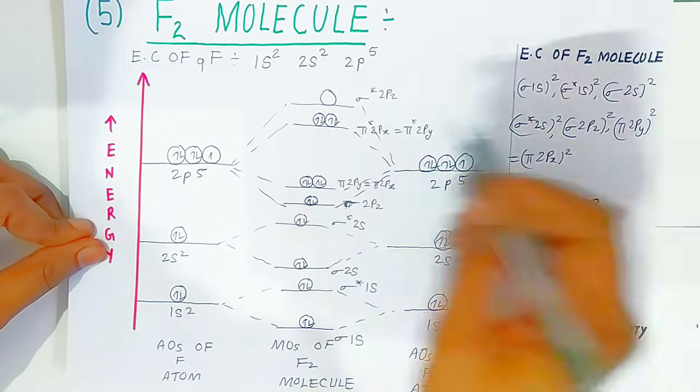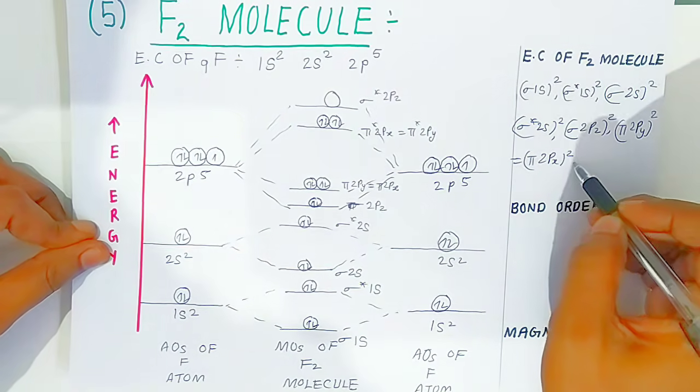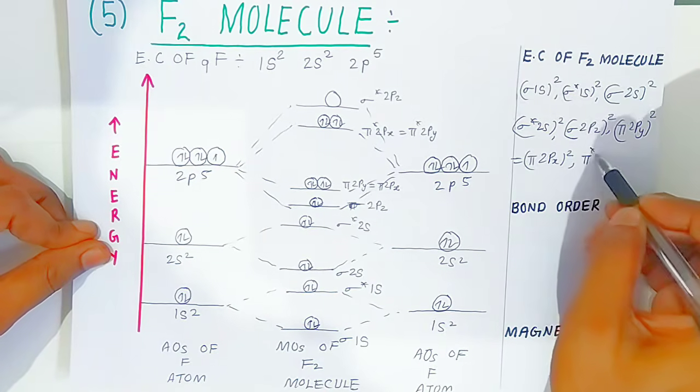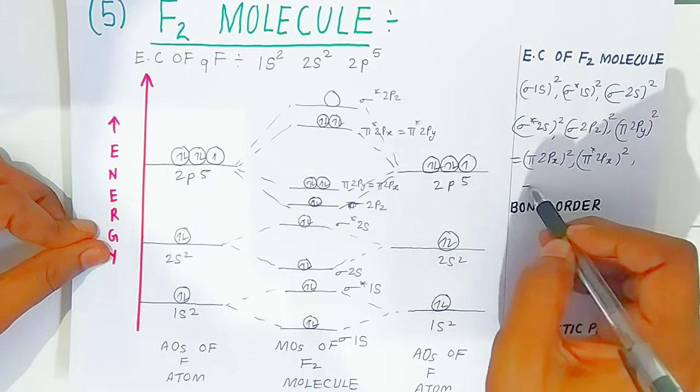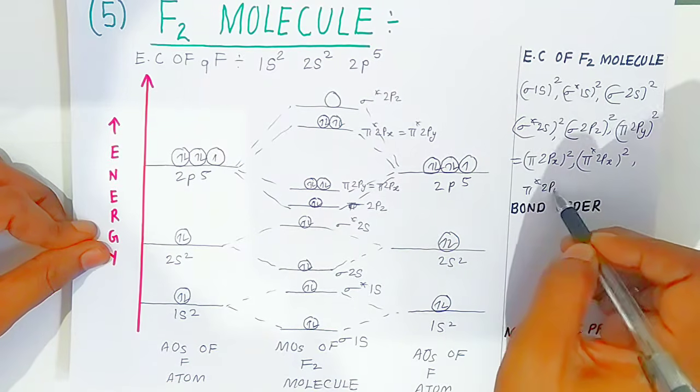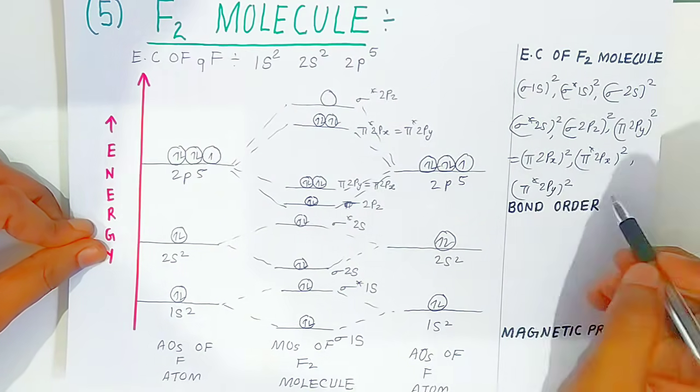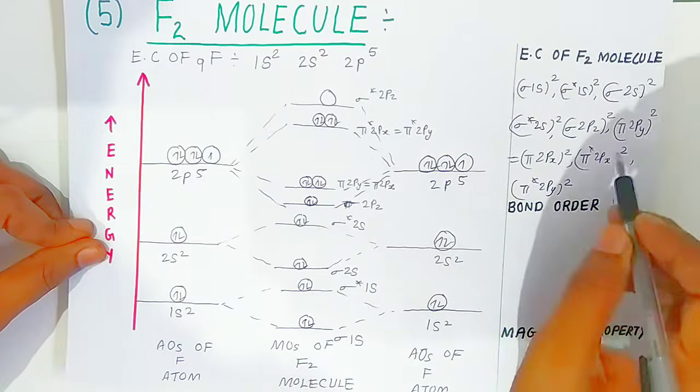Then we have the anti-bonding molecular orbitals, pi star 2px2. Then we have pi star 2py2. Now students, this is the electronic configuration of fluorine molecules.